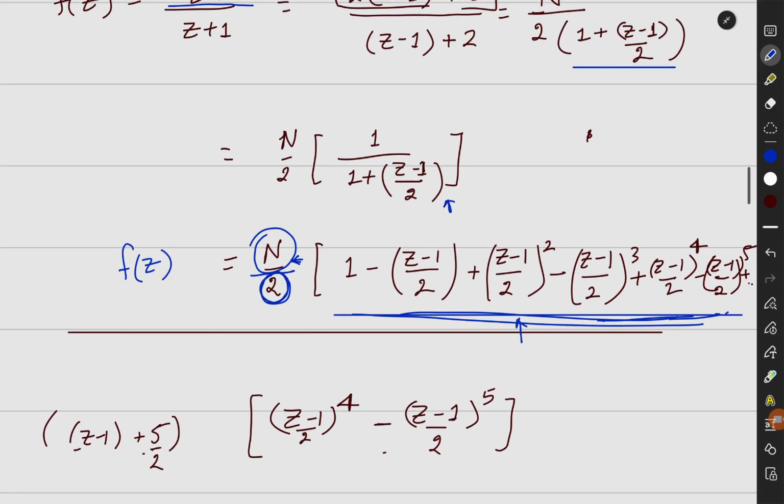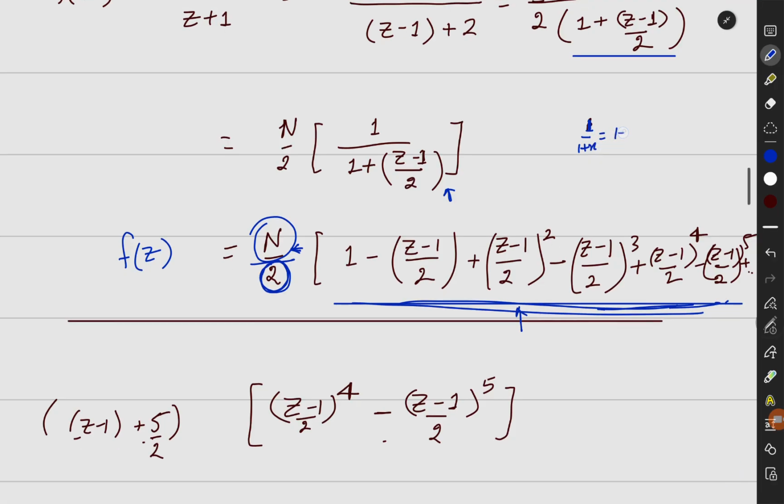What I'm saying is that 1 by 1 plus x is written as 1 minus x plus x square minus x cube plus x4, and so on.